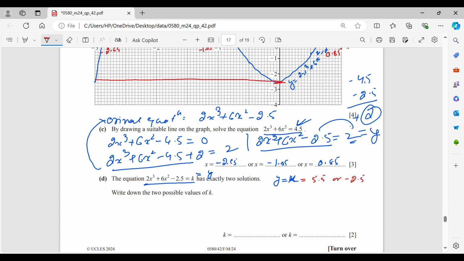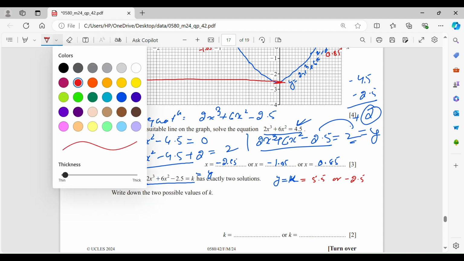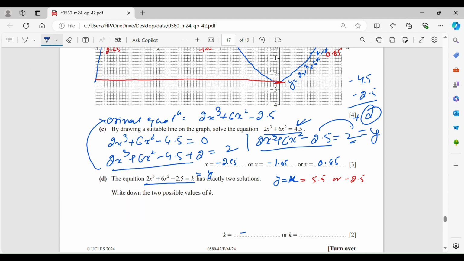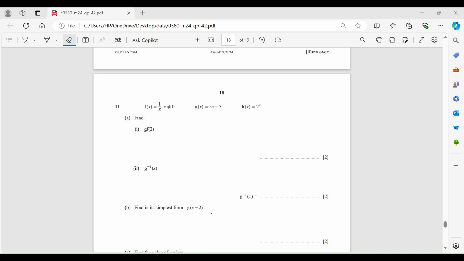So our answer will be this only. Hopefully you understand this part. If you have any doubt, write in the comment box. So minus 2.5 and 5.5.